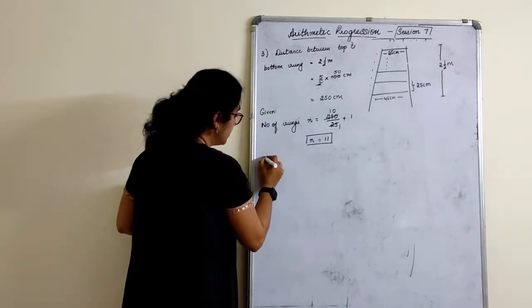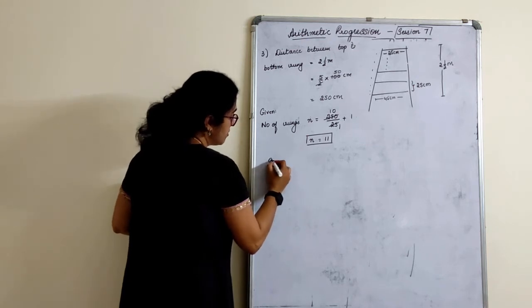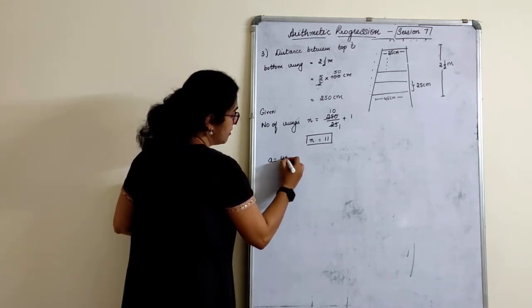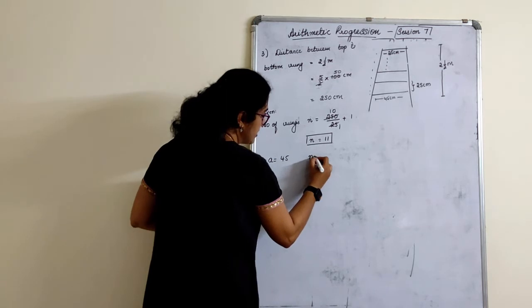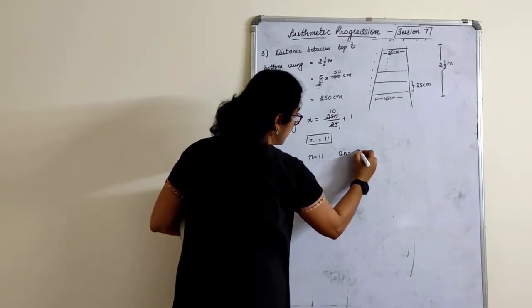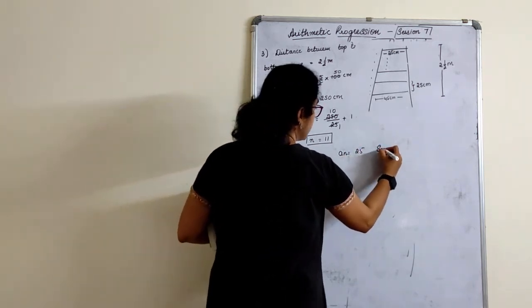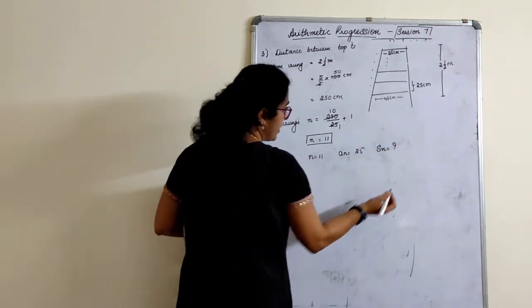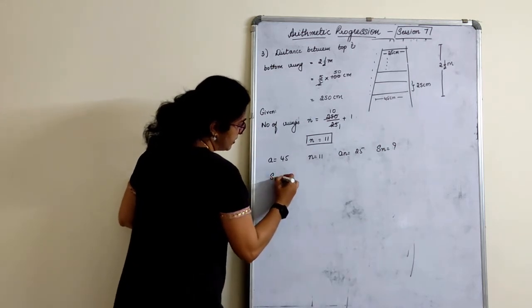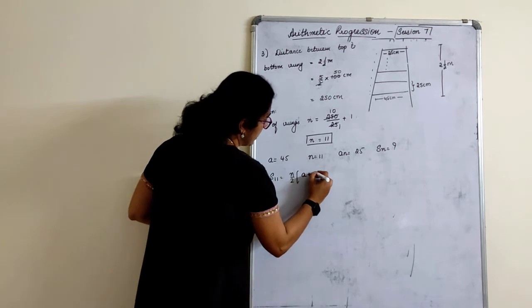So we can say, also what is given? The first term is given. What is the first term, children? 45. n is 11. What is the last term? The last term is 25. Enough. With this, can we find Sn? Yes, we can find. S11 is equal to n by 2 into a plus an.